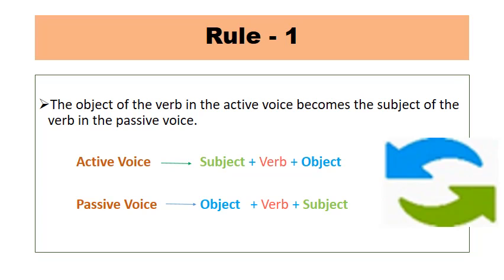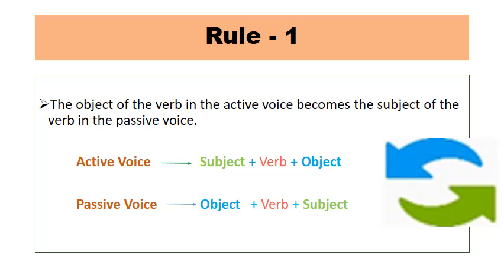In the active voice, the structure of the sentence is subject plus verb plus object. It means the subject is followed by the verb and the verb is followed by an object. But in the passive voice, the subject goes into the predicate.